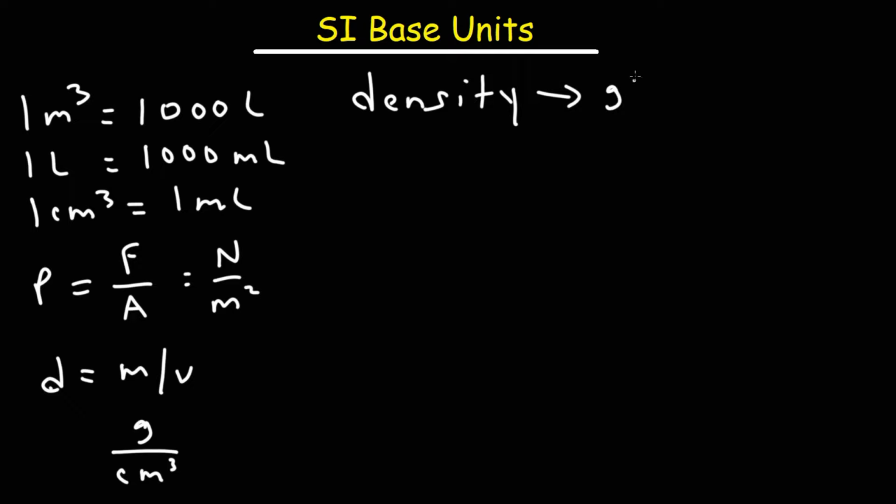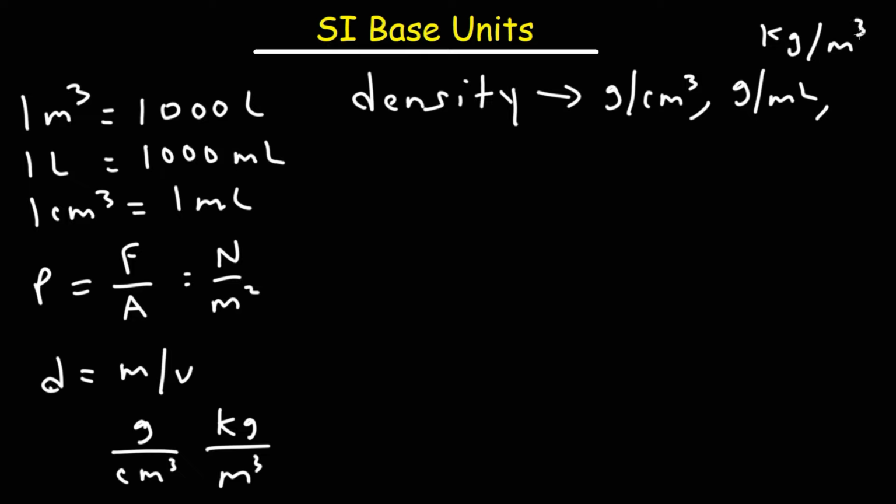So in chemistry, you'll see the density reported as grams per cubic centimeter or grams per milliliter. In physics, the mass is usually reported in kilograms, and the volume is typically reported in cubic meters. So in physics, you'll see density as kilograms per cubic meter.